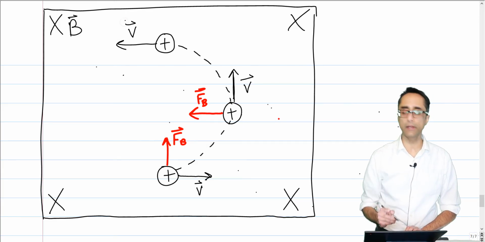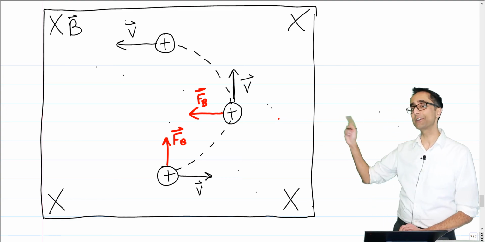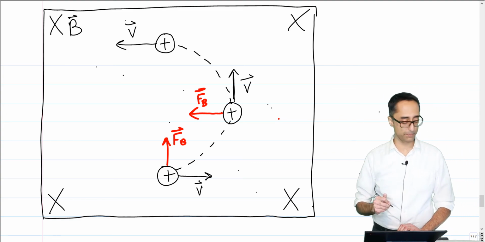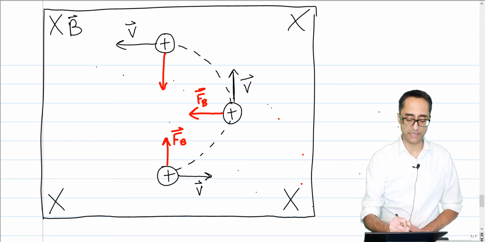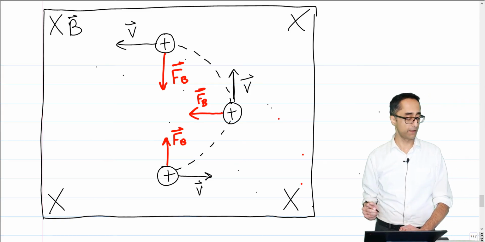Check it for me. Go ahead and check it for me. But I'm starting to see a little bit of a pattern develop here where this force is going to be downwards. This is my FB.